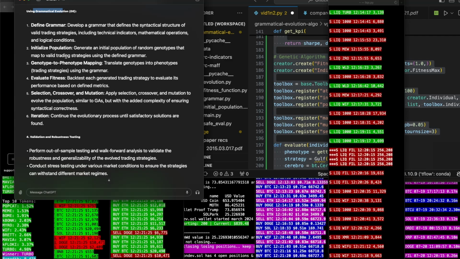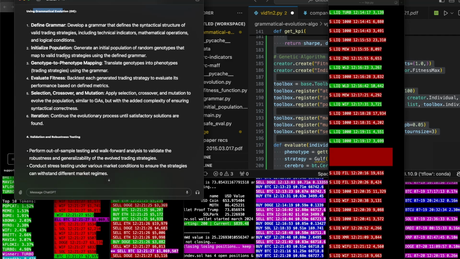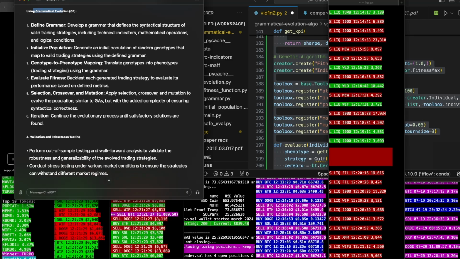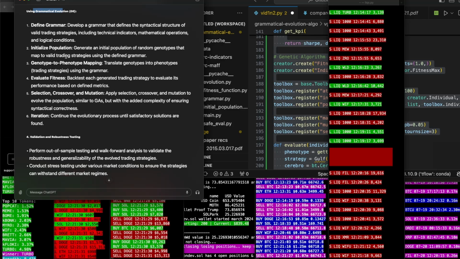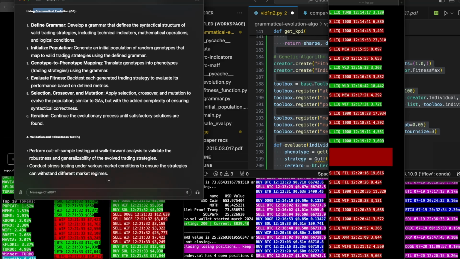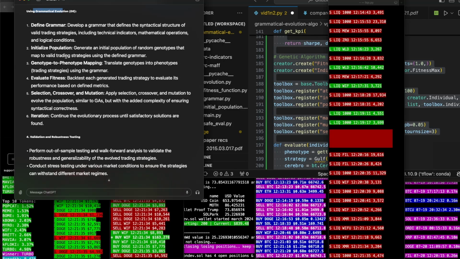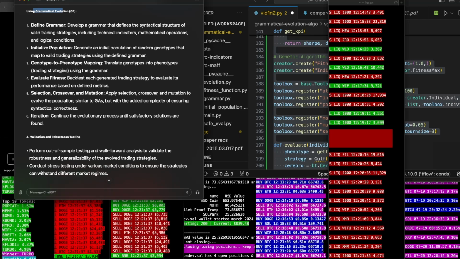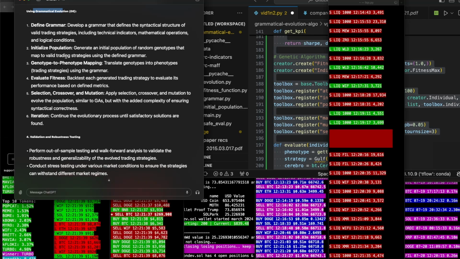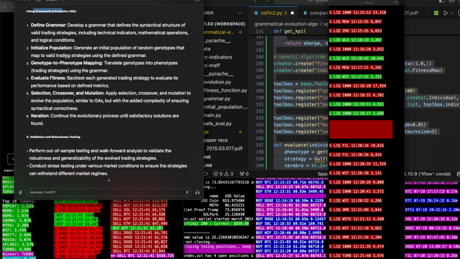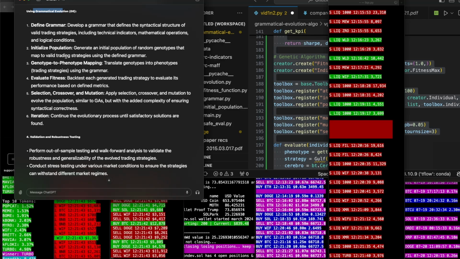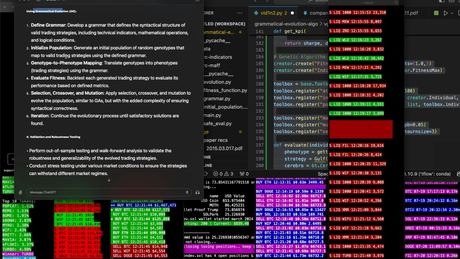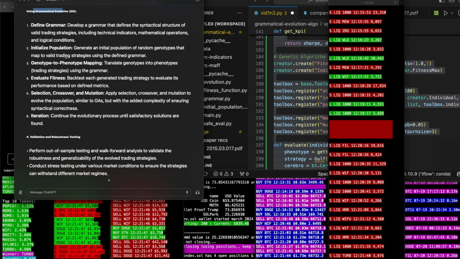Genotype to phenotype mapping. Translate genotypes into phenotypes, trading strategies, using the grammar. Evaluate fitness. Backtest the generated strategies to evaluate performance based on defined metrics. Selection, crossover, and mutation. Apply selection, crossover, and mutation to evolve the population similar to GAs.